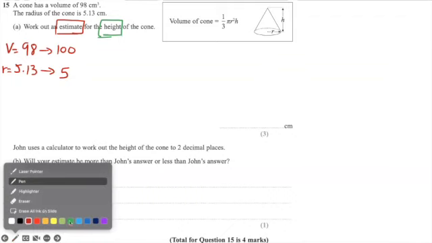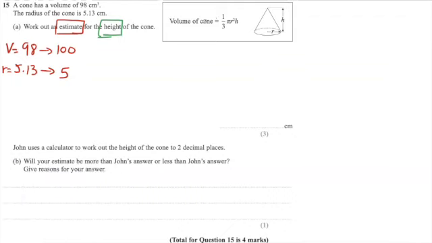So in order to find the height, let's first rearrange the formula. The formula is V equals 1/3 pi r squared h. The 3 is in the denominator, and we want to get rid of it.